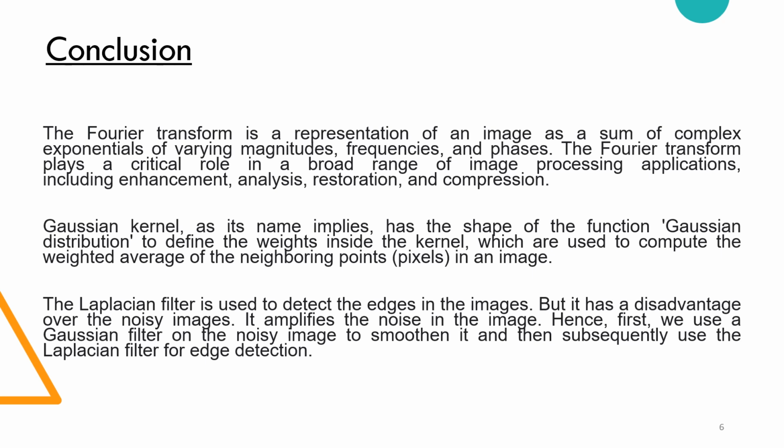The Laplacian filter is used to detect the edges in images, but it has a disadvantage with noisy images. It amplifies the noise in the image. Hence, first, we use a Gaussian filter on the noisy image to smoothen it, and then subsequently use the Laplacian filter for edge detection.